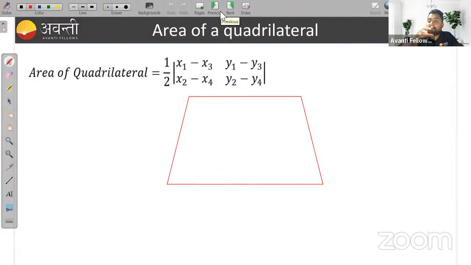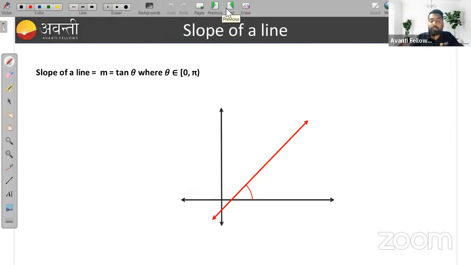Now, this is the formula to find the area of a quadrilateral, which we have already discussed in the last classes. Okay. Next, how can we find the slope of a line? That is the angle made by the positive x-axis with that line in anti-clockwise direction, that is tan theta, where theta belongs to 0 to pi, where 0 is included and pi is excluded.